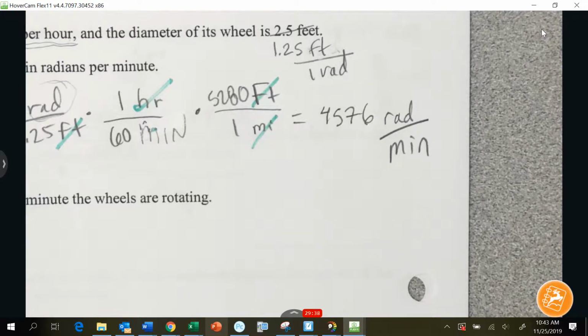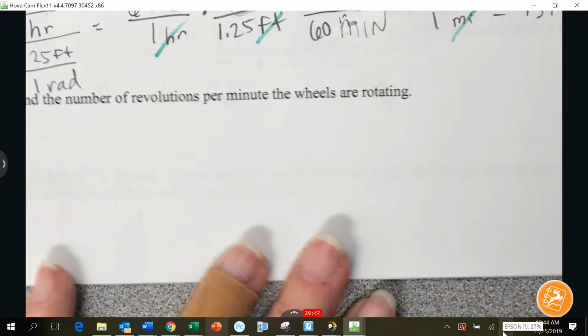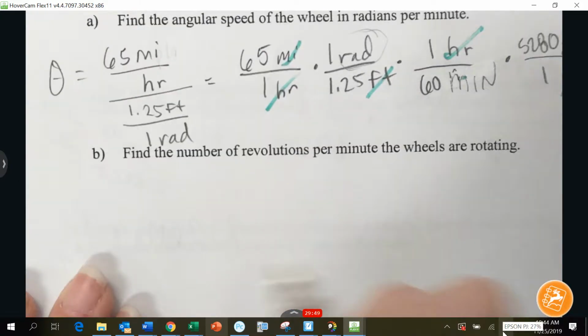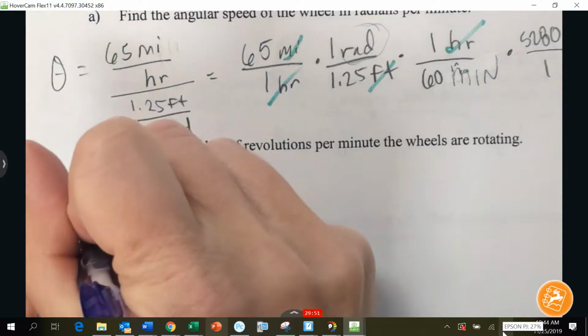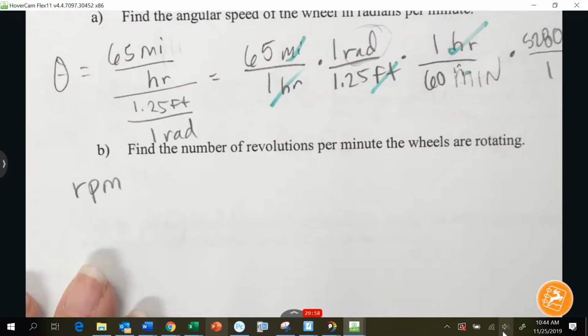All right, let's look at that last one. Find the number of revolutions per minute the wheels are rotating. So we need the RPMs. Revolutions per minute. The wheels are rotating.